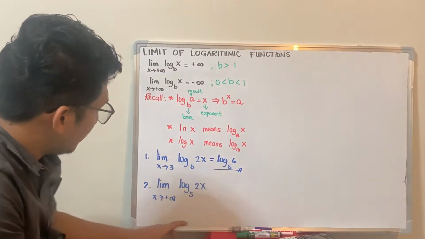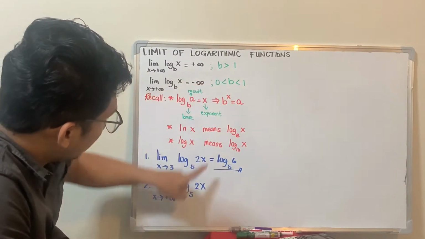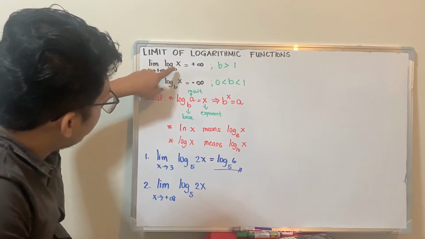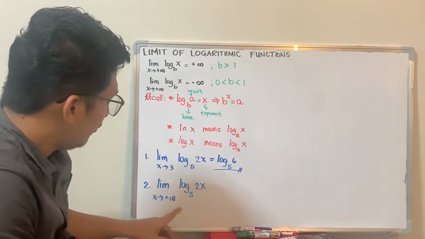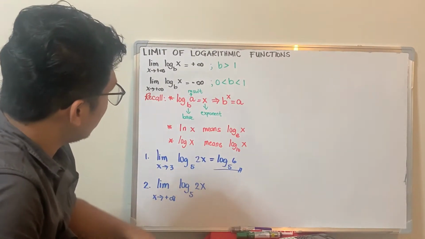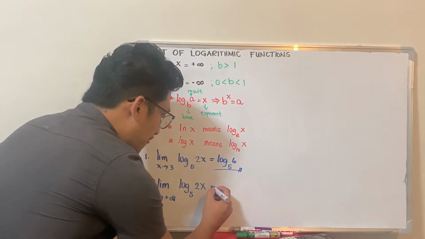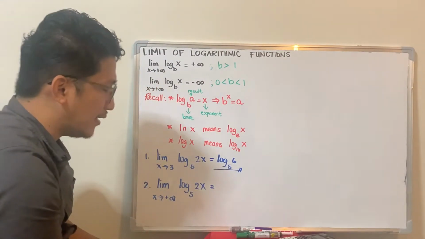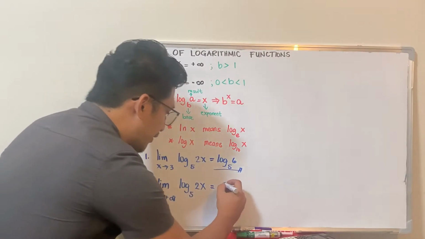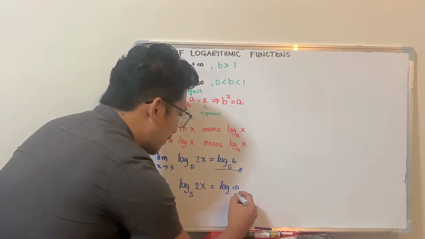If you look at the base, it is 5, so it should be greater than 1. So the logarithm of 2x, when you substitute infinity, you will come out with positive infinity. Then when you substitute positive infinity, this becomes the logarithm of infinity base 5.